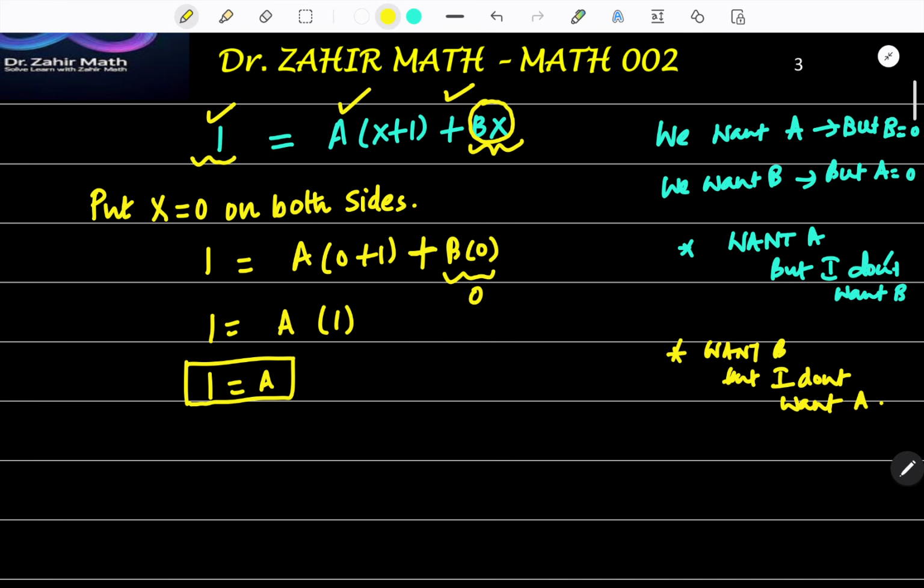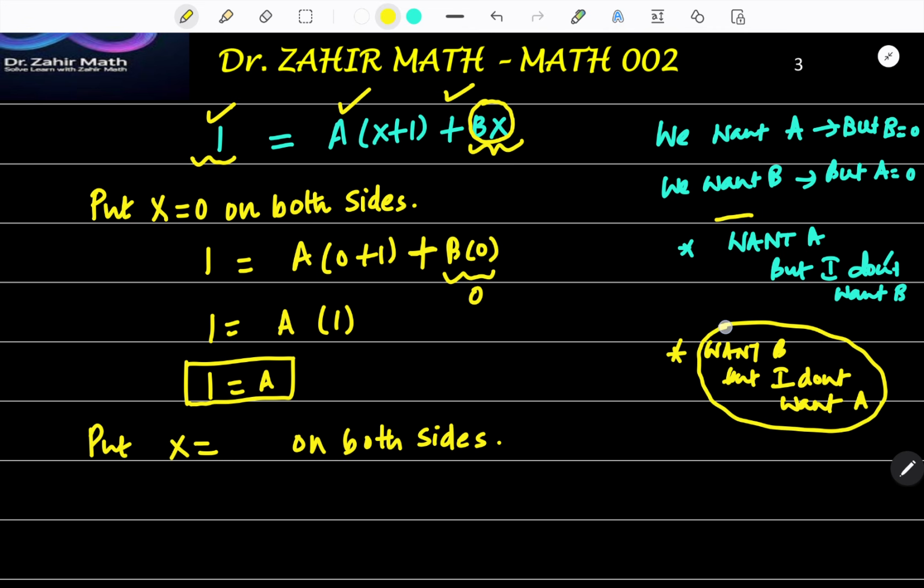Now, same thing. Keep in your mind. I have to put some values for x on both sides to get b. So what is the idea I'm going to follow? I want b, but I don't want a. So what should I do? If I put x is equal to -1, what happens? Minus 1 plus 1 becomes 0, right?